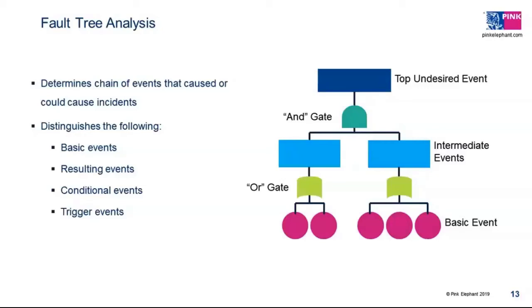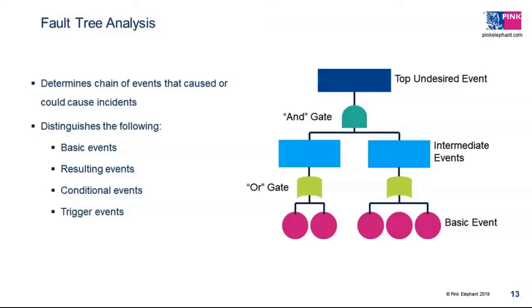And what we're basically doing is saying, all right, up here at the top, where we've got this undesired event, that major incident, those recurring incidents, some kind of event happened.